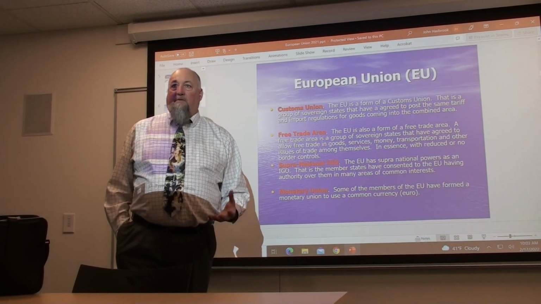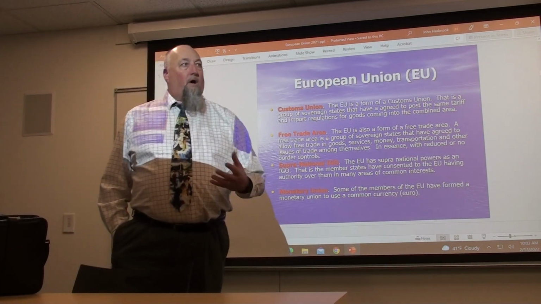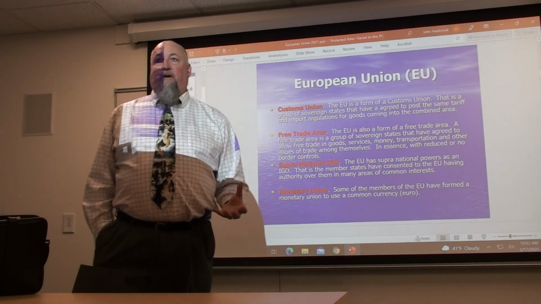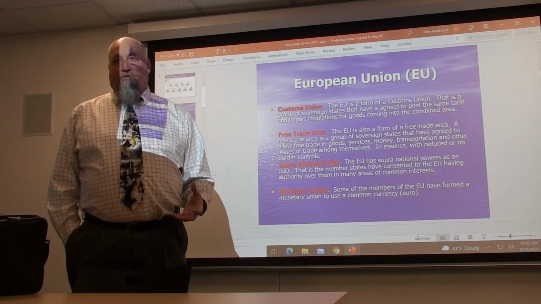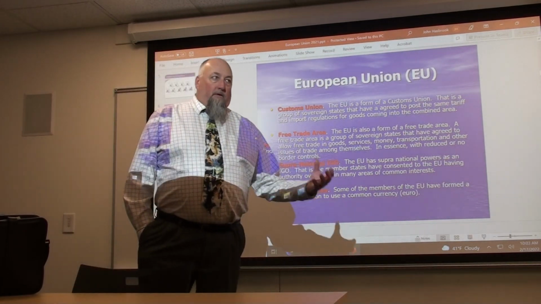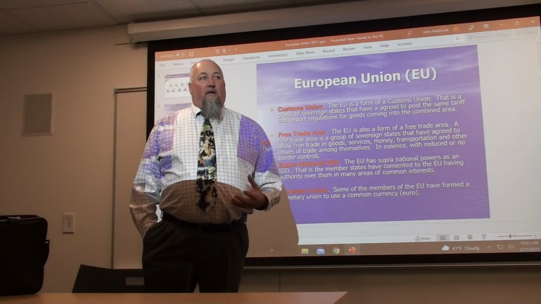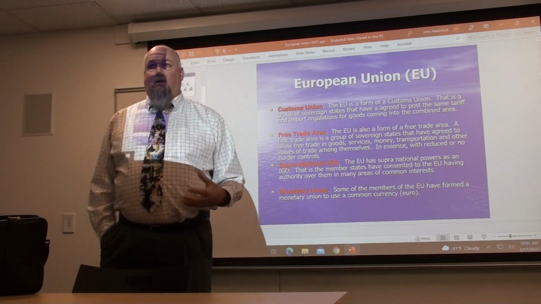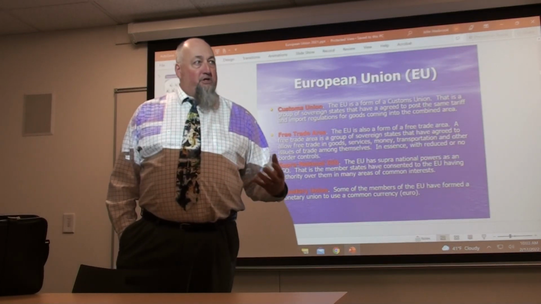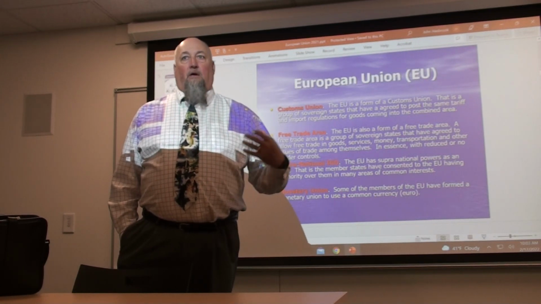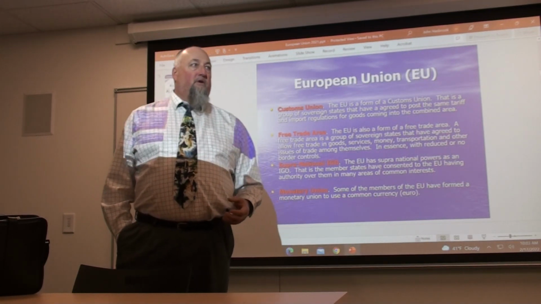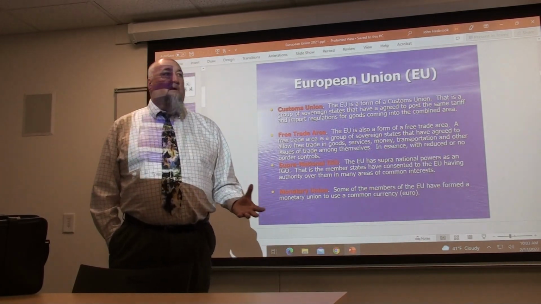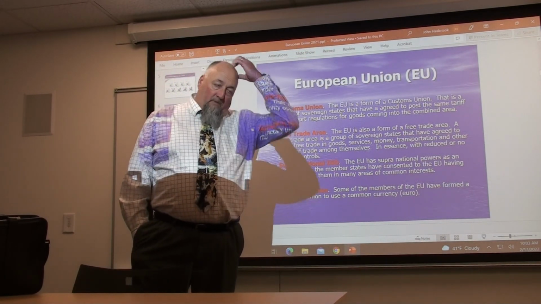Again, that's like when we look at the United States and why we have a federal government. That's one of the fundamental powers of the federal government, to create a single currency. The theory behind that is, again, so you don't have individual states having their own currency, which can lead to exchange rates between states, and it's a barrier to movement of goods and services. It's a drag on the economy, and it's just not efficient. So that's the idea behind the euro.